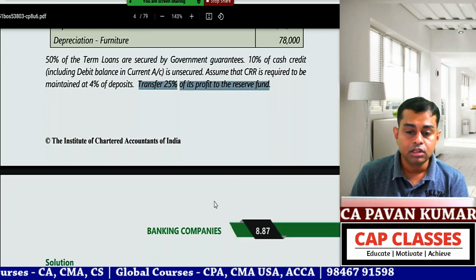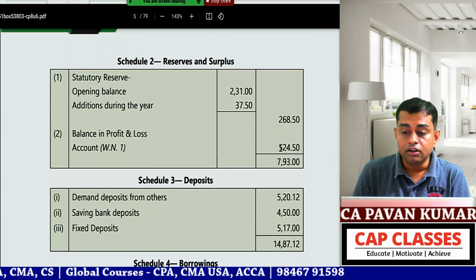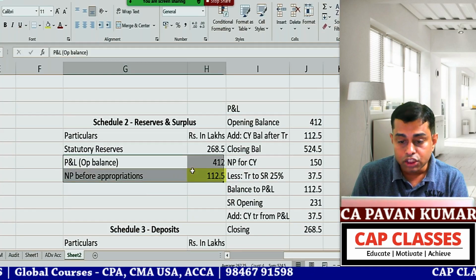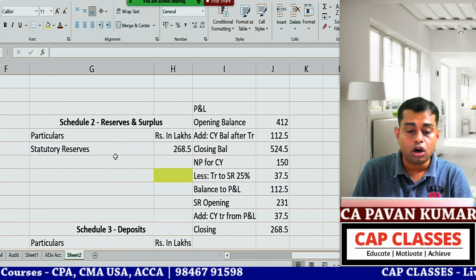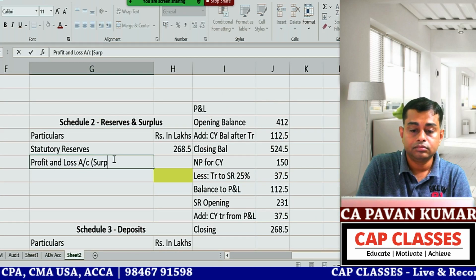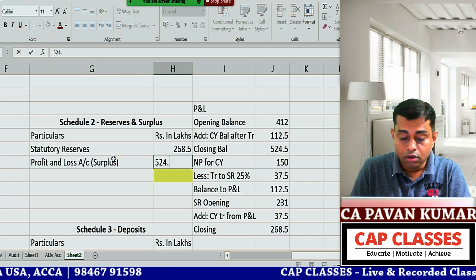It is same. So we'll see what they have done in the solution. In the solution they have written 524.5. So we'll delete these two and write P&L, profit and loss account or surplus, 524.5.